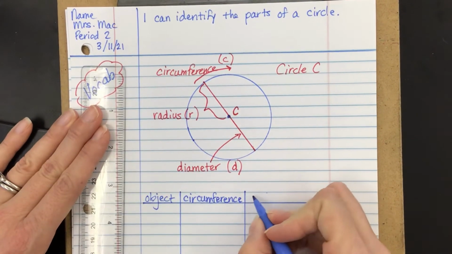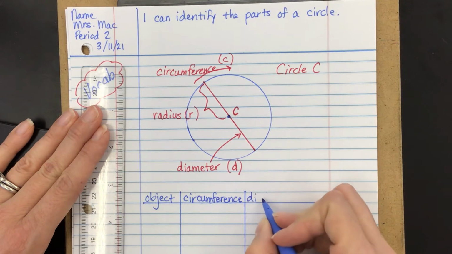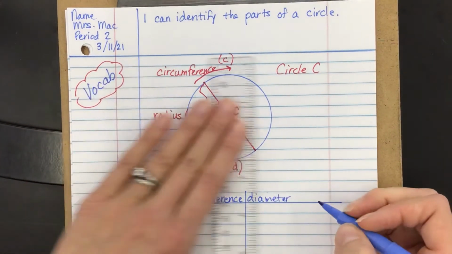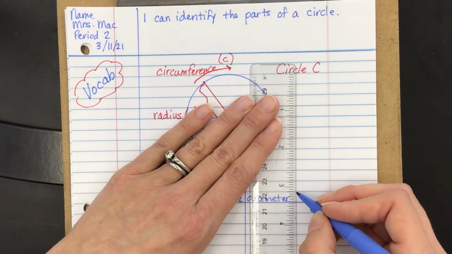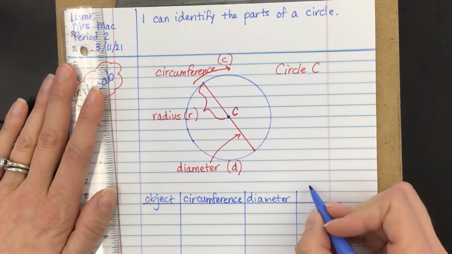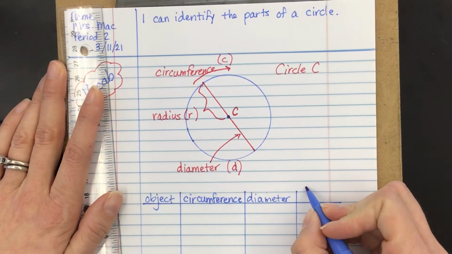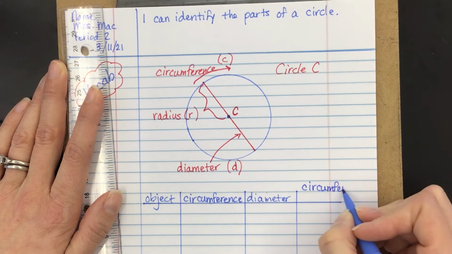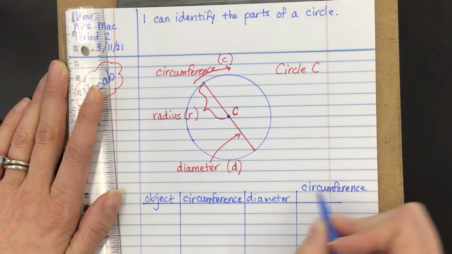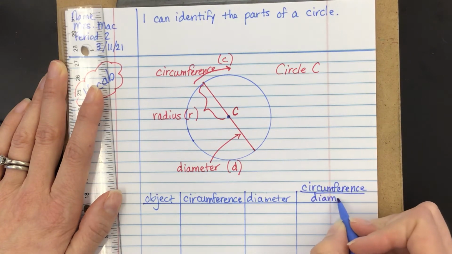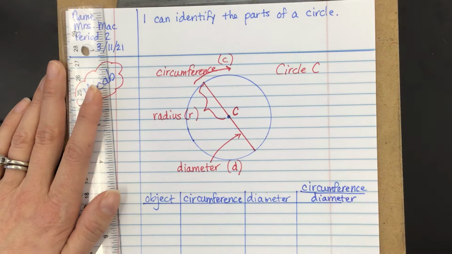Then you're going to measure the diameter of that object. And then I want you to divide the circumference by the diameter. Okay?